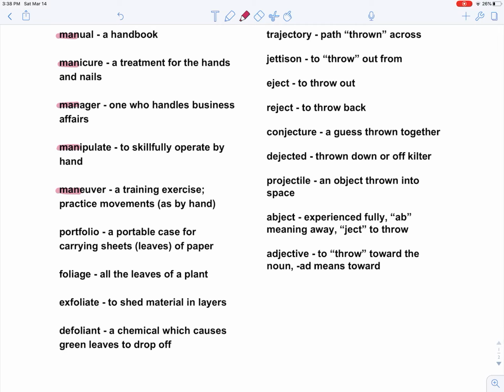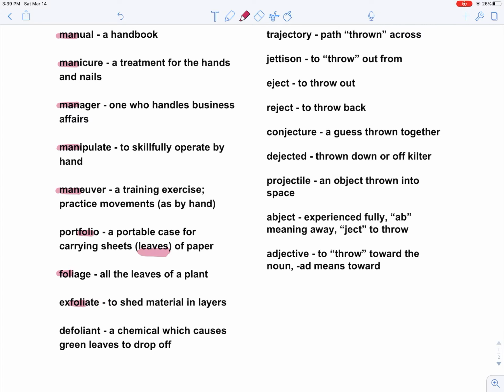Now we switch to foli. We have portfolio, so this is like a briefcase or a case used for carrying sheets or leaves of paper. That's where that foli comes in. Foliage, which would be the leaves of a plant. And we have exfoliate. Now, ex here means out.